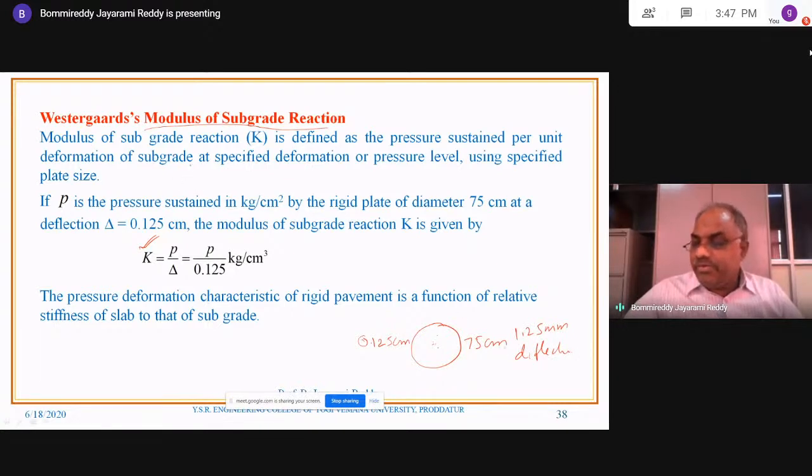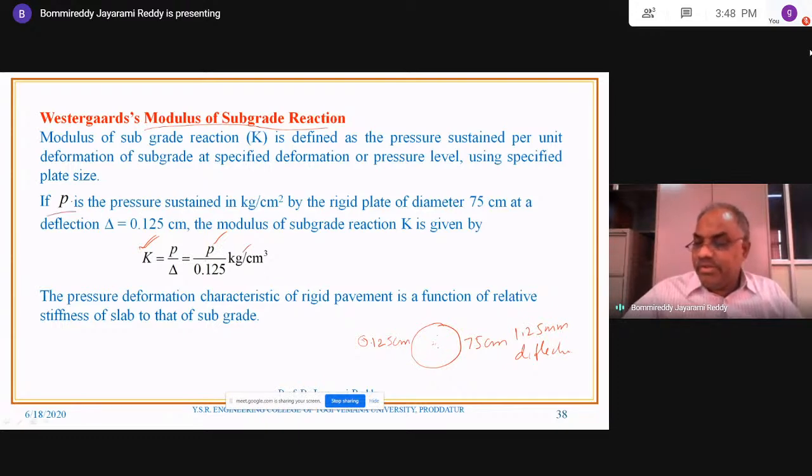So the modulus of subgrade reaction is computed by observing the settlement of the standard plate of 75 centimeter as 1.25 millimeters or 0.125 centimeters. So at the time when it deflects, when it penetrates by 0.125 centimeter, the associated pressure divided by delta is called the modulus of subgrade reaction.